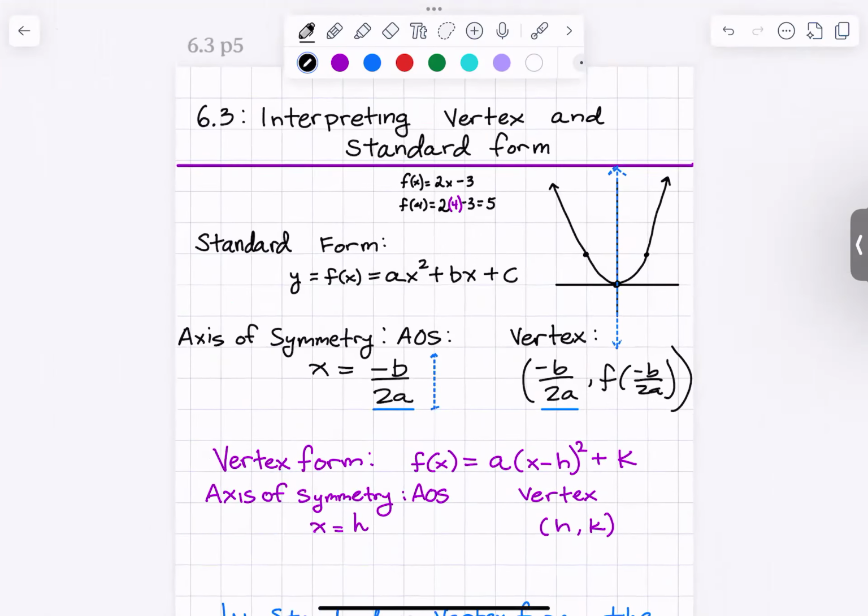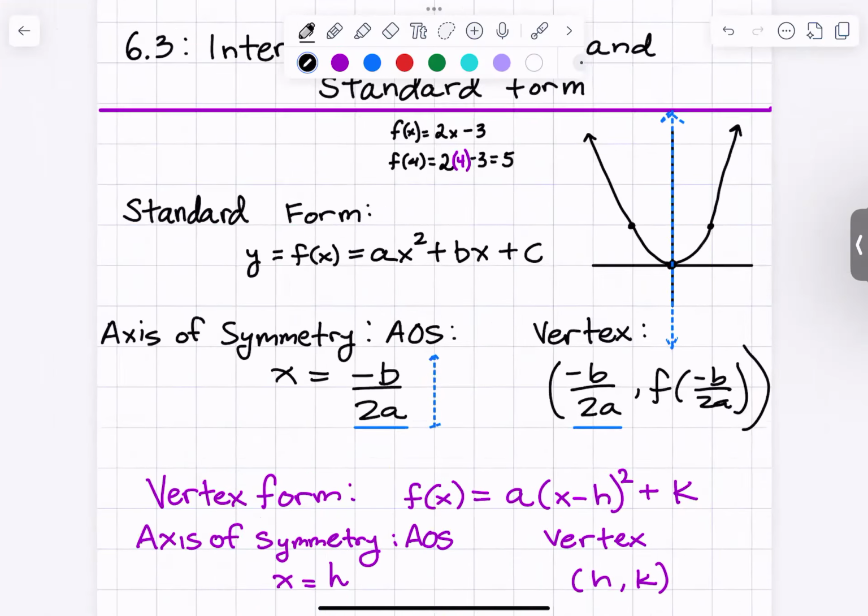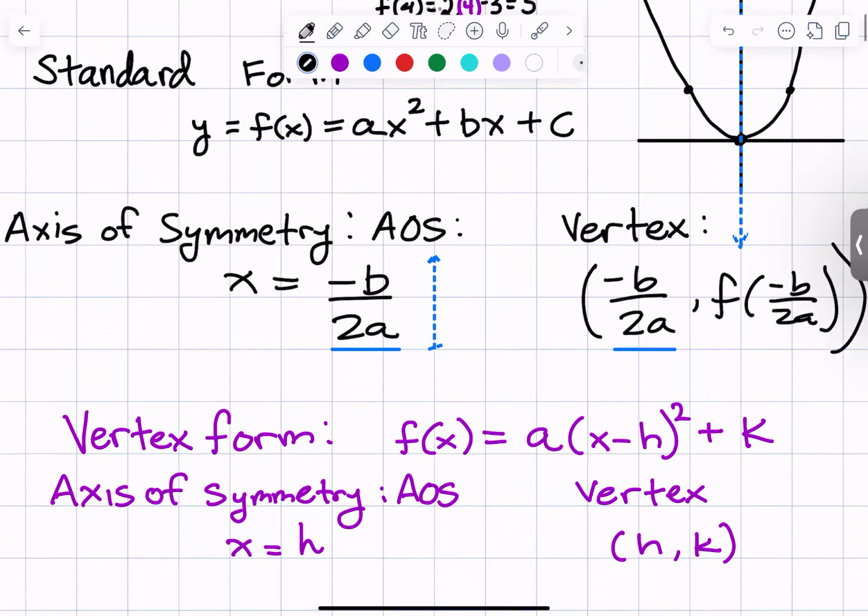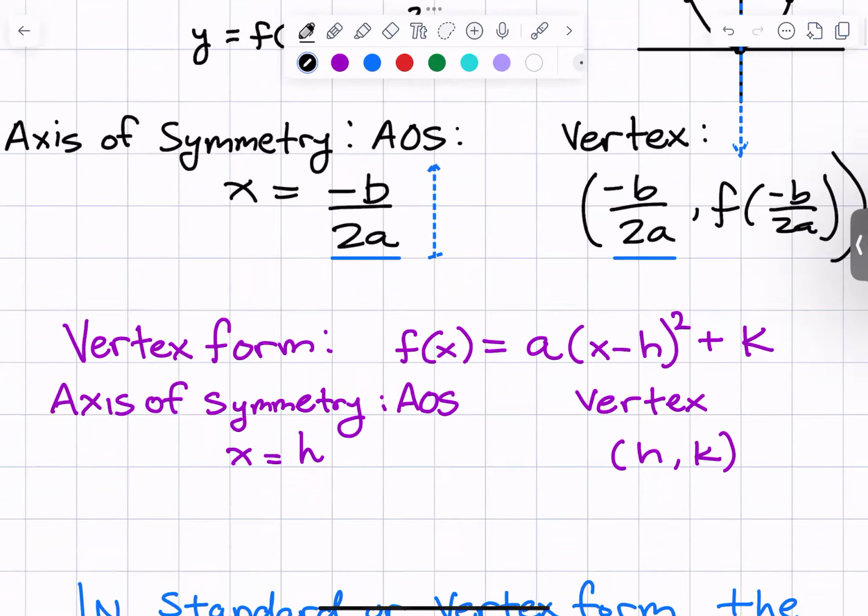Sometimes we are going to get things in vertex form. So just as a refresher, vertex form is f of x equals a times x minus h quantity squared plus k, where my axis of symmetry is x equals h, and my vertex is h comma k, right?